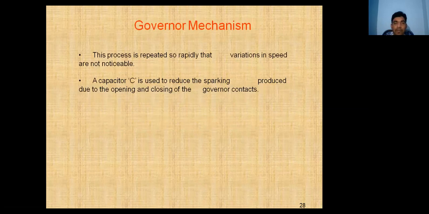This process is repeated so rapidly that variations in speed are not noticeable. A capacitor C is used to reduce the sparking produced due to the opening and closing of governor contacts.